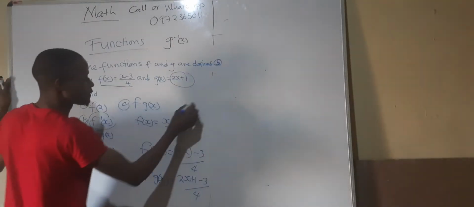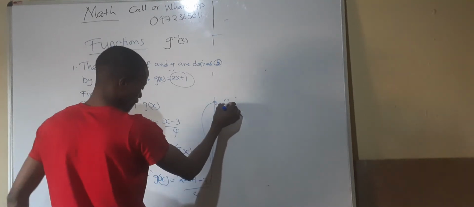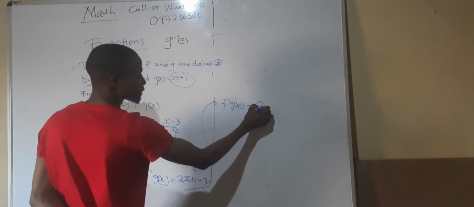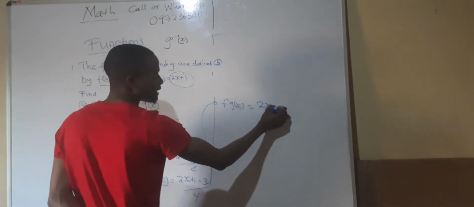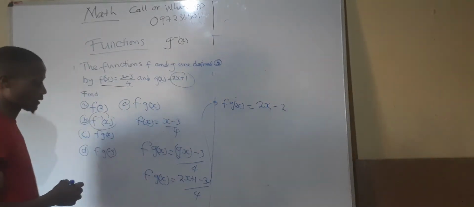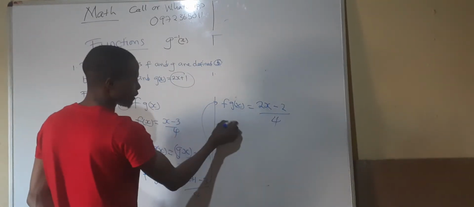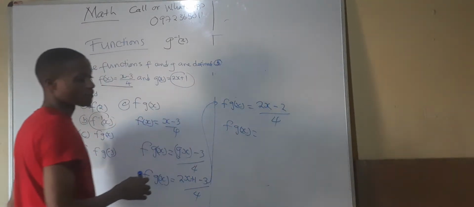Then you simplify where it is possible, where they are like terms. Here, these two are like terms. You can subtract or add those two numbers. So fg of x is equal to 2x plus 1 minus 3, which gives you negative 2, over 4. Different signs, you subtract and take the sign of the bigger number. These three numbers can be simplified.